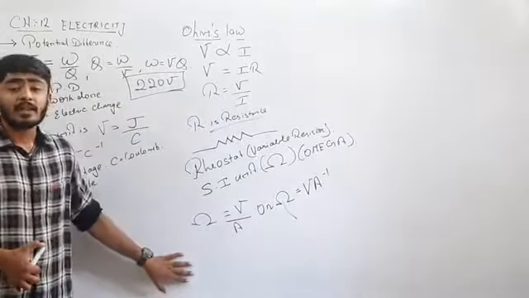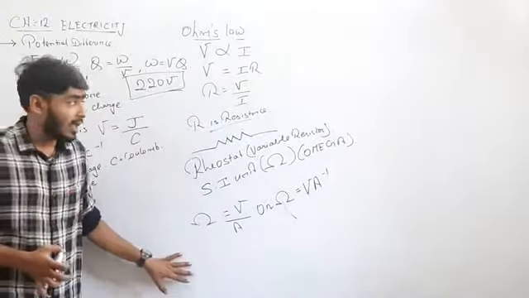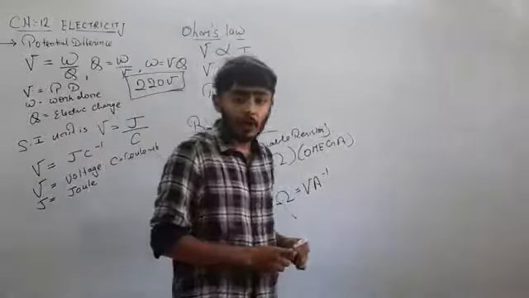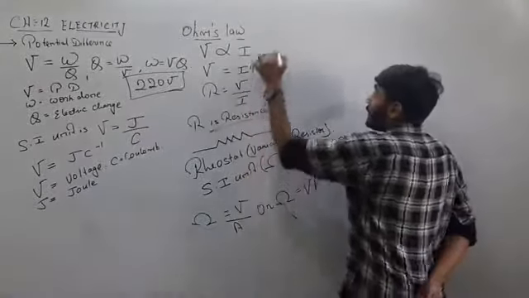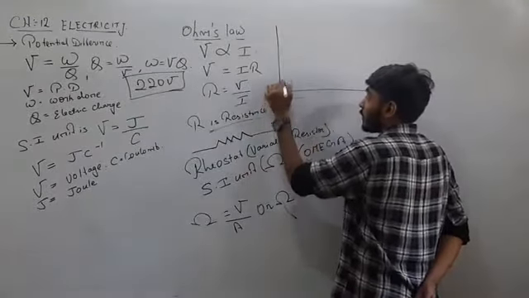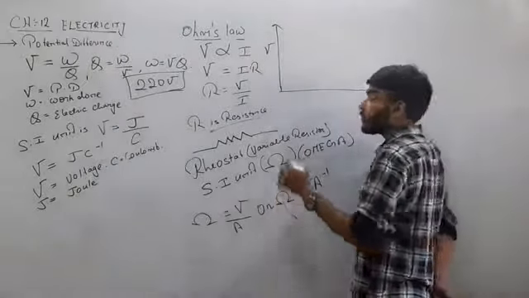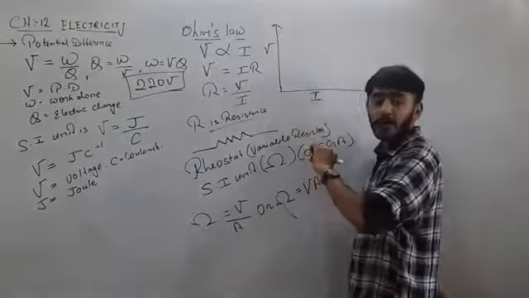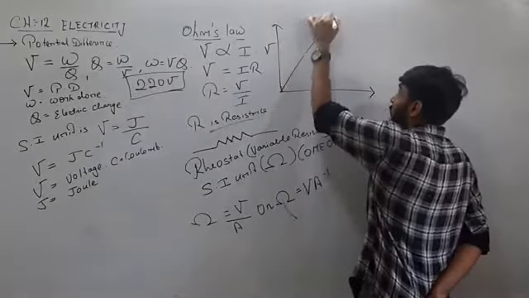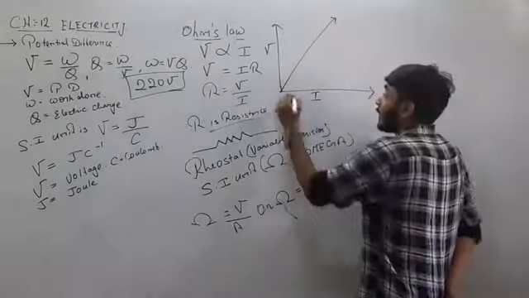So this was the resistance we studied yesterday. I also showed you the graph of potential difference and electric current with respect to resistance. Suppose here we have potential difference V and here an electric current. Then this is the constant graph going over here.